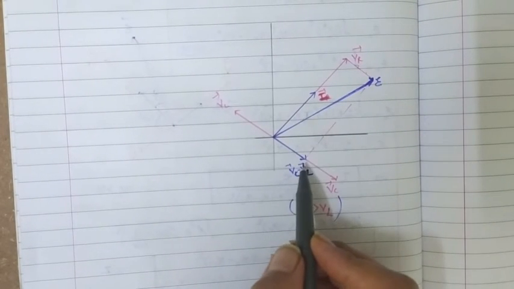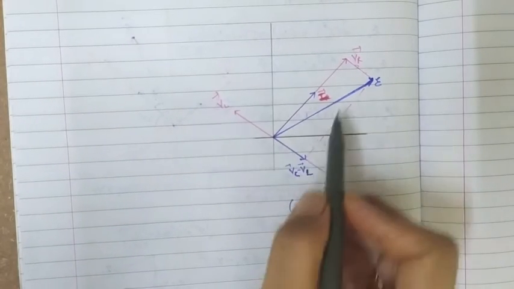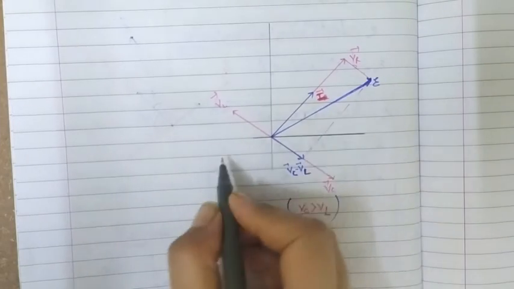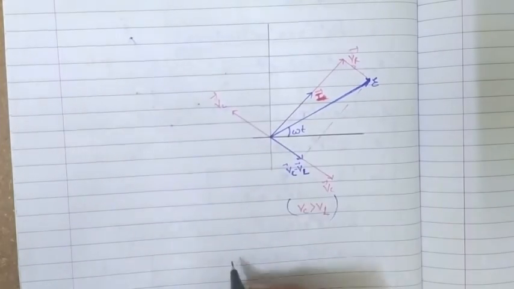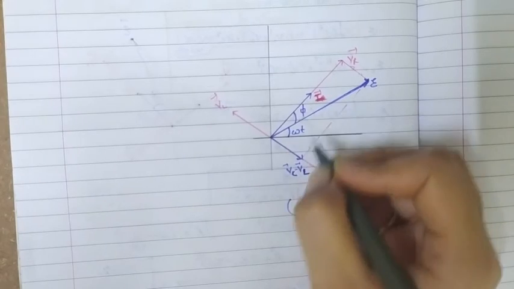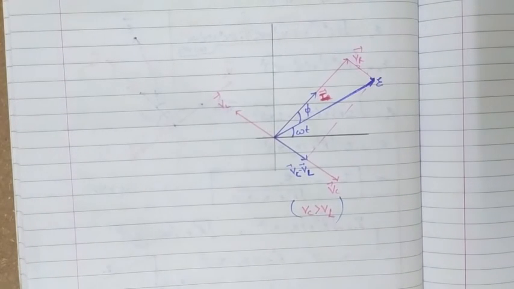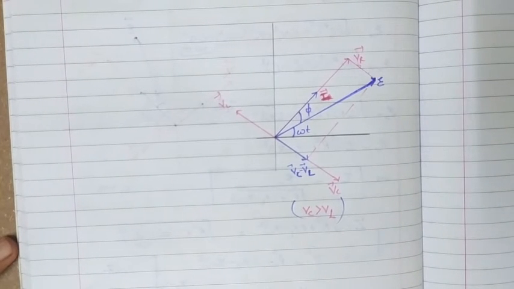If we use the parallelogram law of vector addition for the VC vector minus VL vector and the VR vector, then this diagonal is the resultant, which makes an angle omega t with the axis and phi with the current. So we have to find the magnitude for epsilon and the current, along with its direction, that is phi.